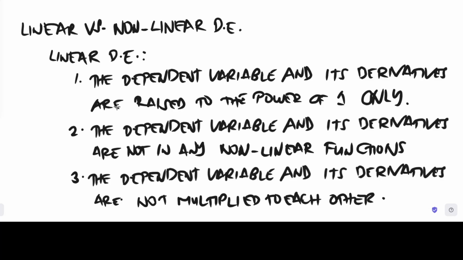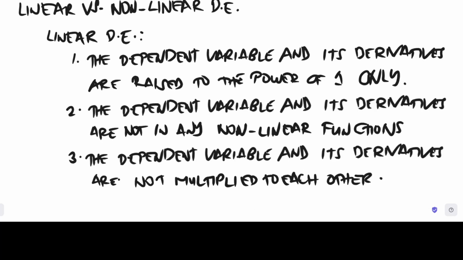If any of these rules is not followed, then the DE is nonlinear. These rules are applicable to both partial and ordinary DEs. So let's have some examples of linear and nonlinear DEs, so we can classify and see.